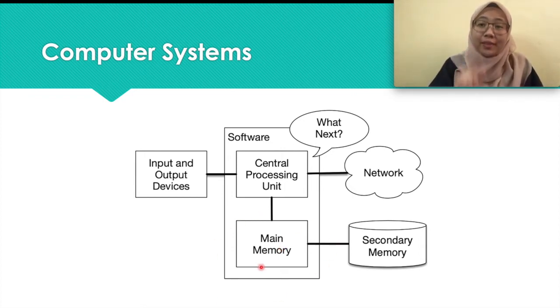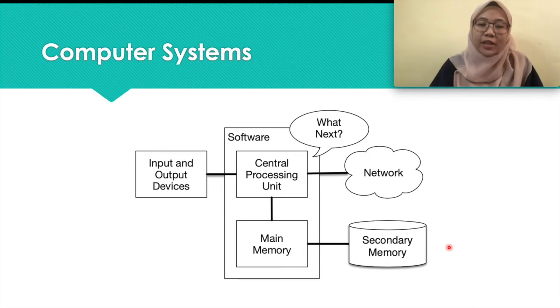However, once we turn off our computer, the main memory no longer stores any information. When they work together, they might store some information, but once we turn off the computer, the information will vanish.